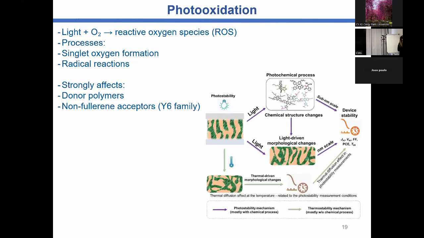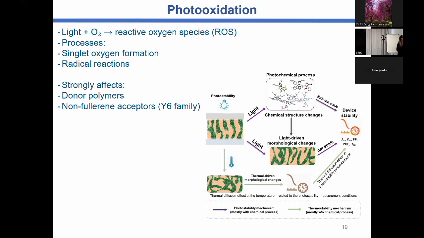Photooxidation is another issue related to stability. When light together with oxygen creates reactive oxygen species, there is singlet oxygen formation, and this gives some radical reactions. It usually affects the donor polymers and also the acceptor because of the semiconductor properties.